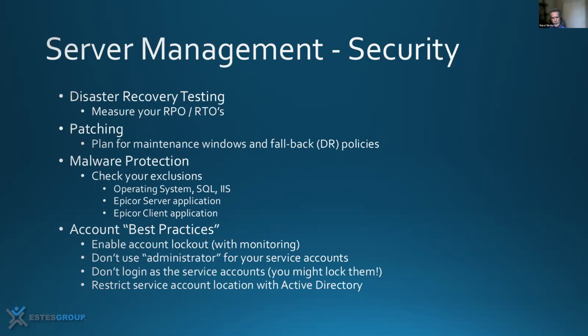The recovery time objective is how much time can you be down? So if your server blows up and blue screens, how much time is it going to take you to restore that server and get it back up and running?